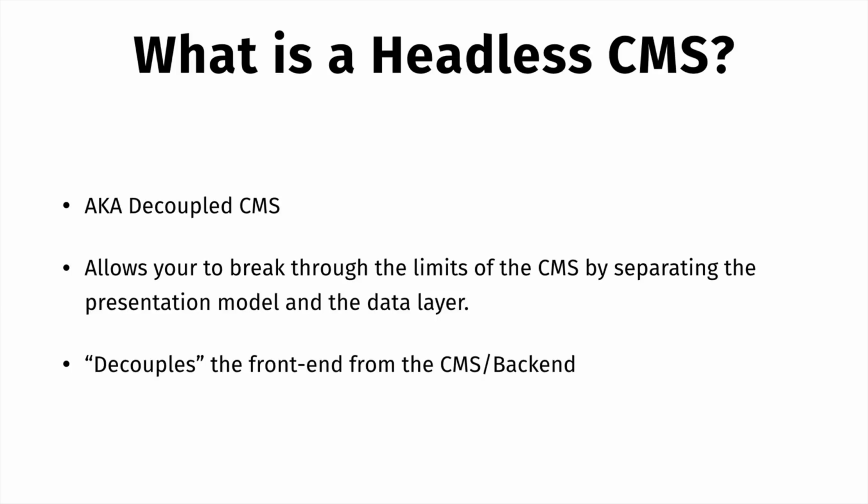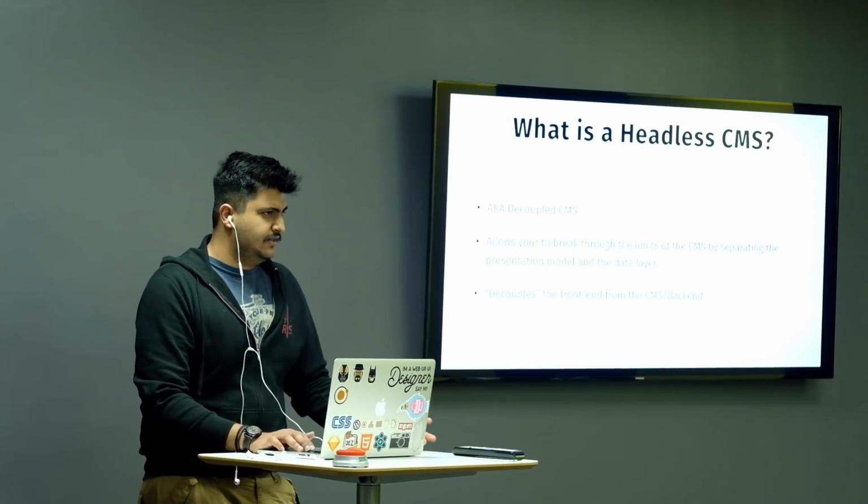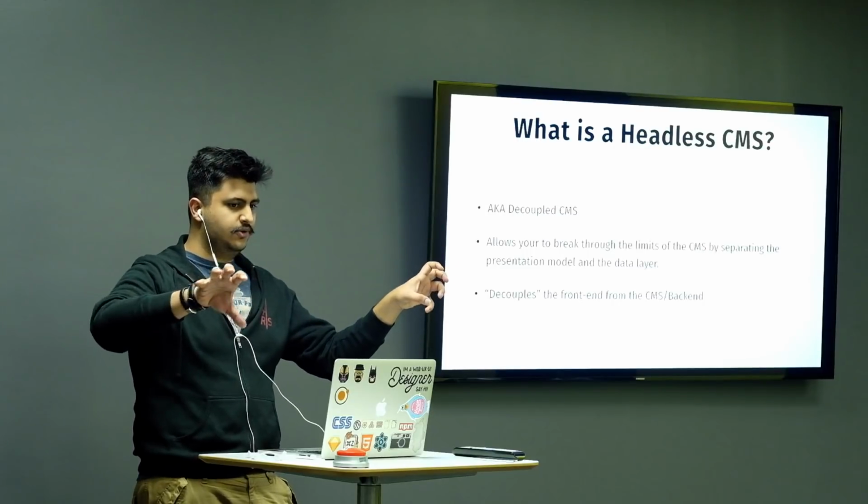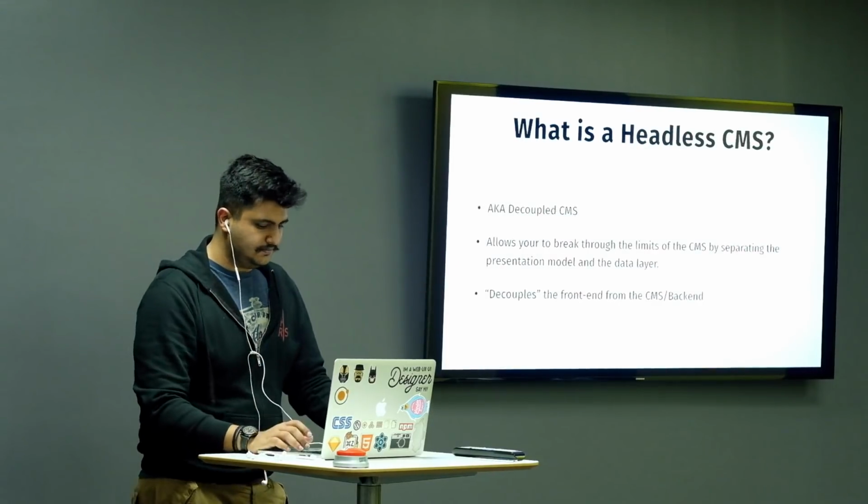Like when I walked in, Brandon was talking about image tags and how you can output alt tags and title tags through the CMS. But you would still have to create some PHP code to output that onto the HTML that people see in their browsers. That's what a headless CMS does: it decouples the actual data from how you would code it up.